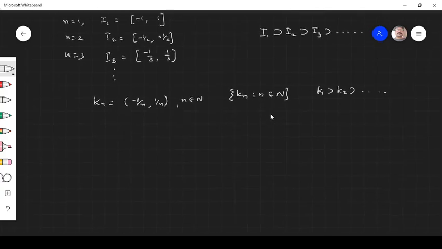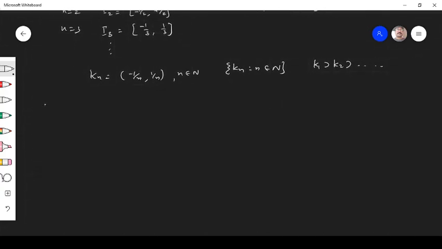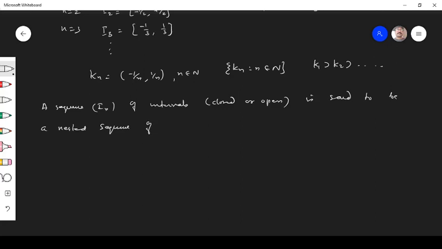Now we define what a nested sequence of intervals is. A sequence I_n of intervals, whether closed or open, whatever it may be, is said to be a nested sequence of intervals if I1 contains I2 contains I3, and so on.